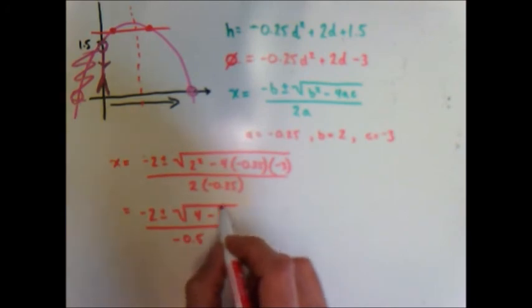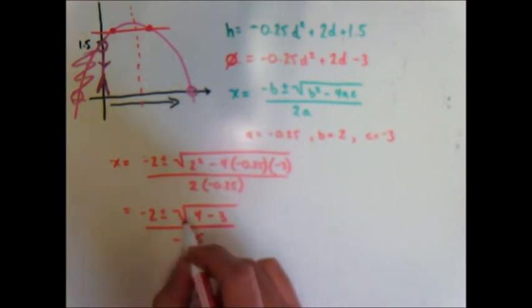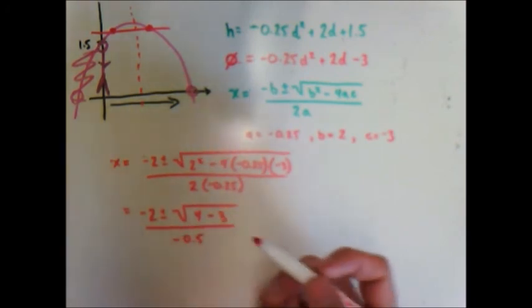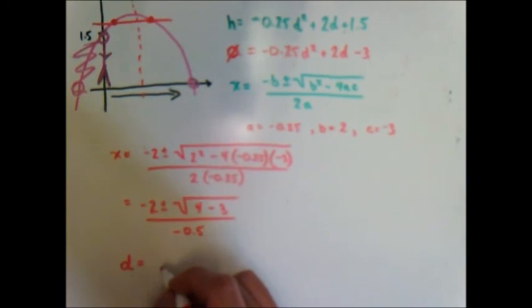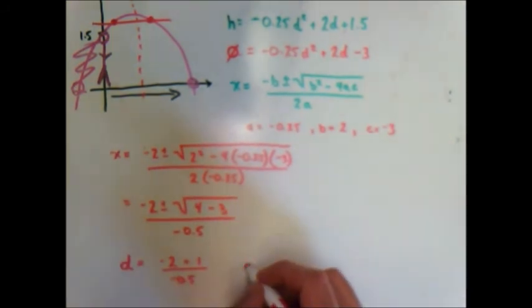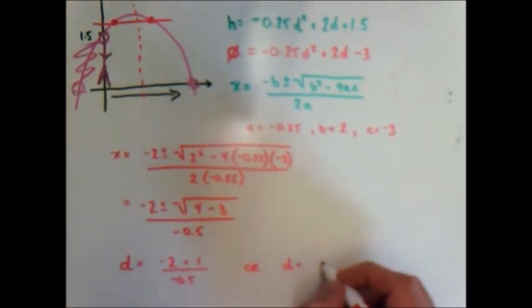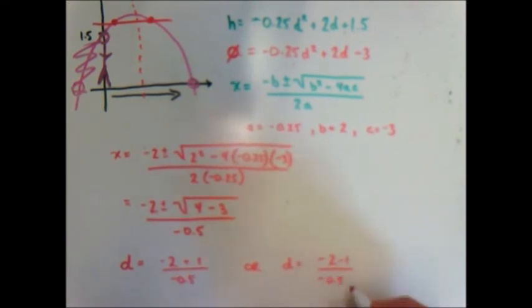I can reduce this under the square root. 4 minus 3 is 1. The square root of 1 is 1, because 1 times 1 is 1. So we have two options here for d. Either d equals negative 2 plus 1 over negative 0.5, or d equals negative 2 minus 1 over negative 0.5.